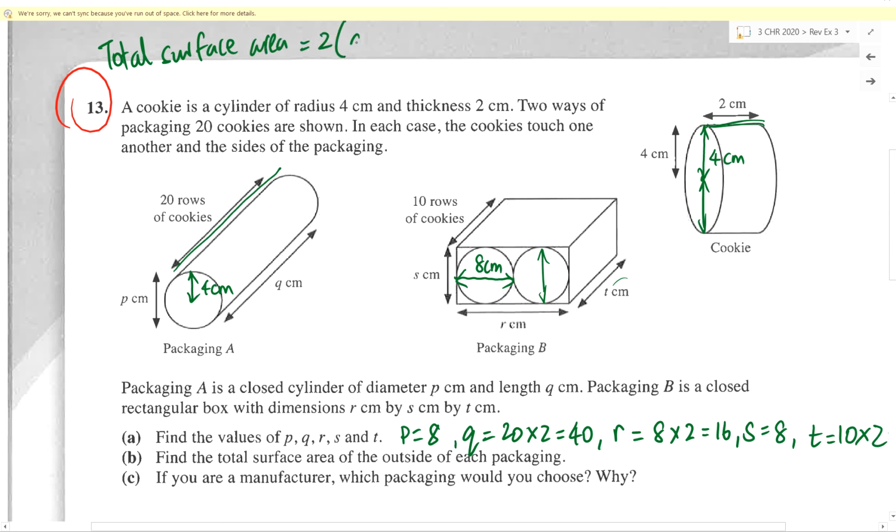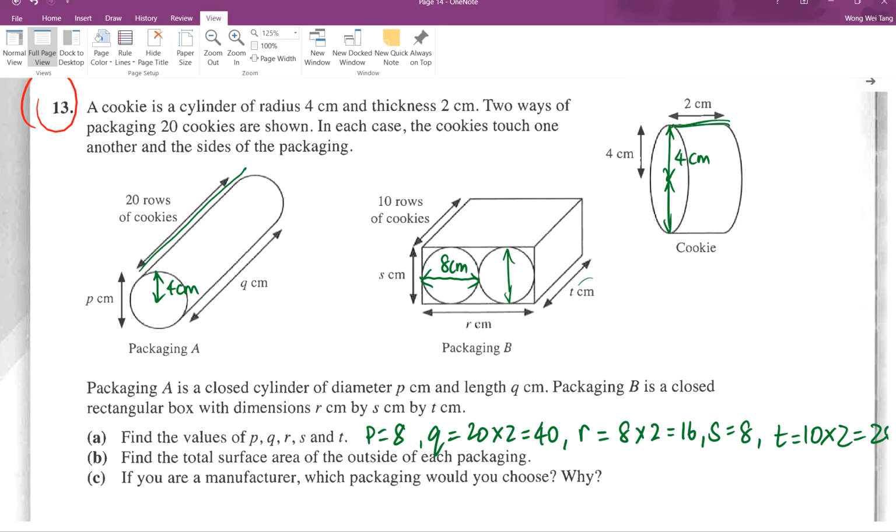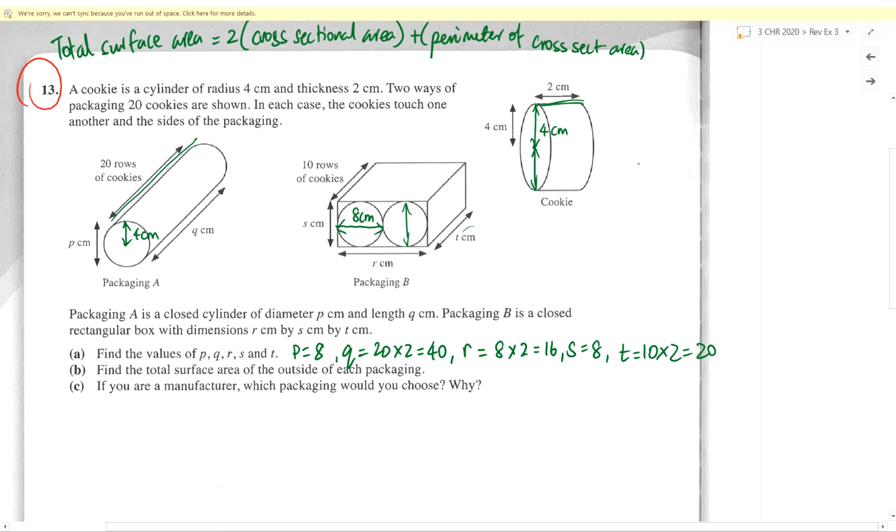It is 2 times the cross-sectional area plus perimeter of cross-sectional area times the thickness. Okay, so let's start with packaging A.